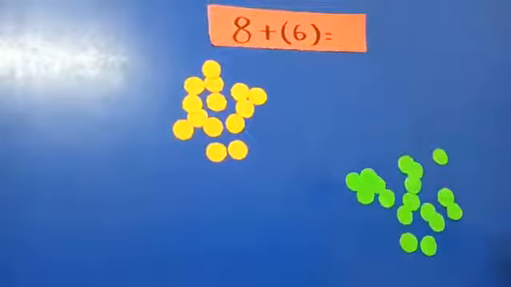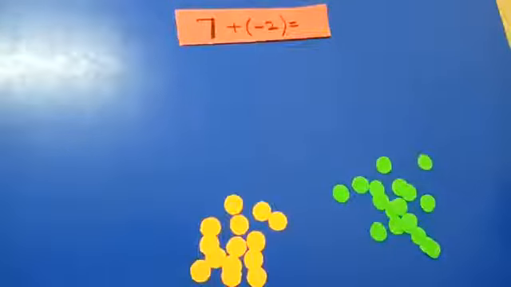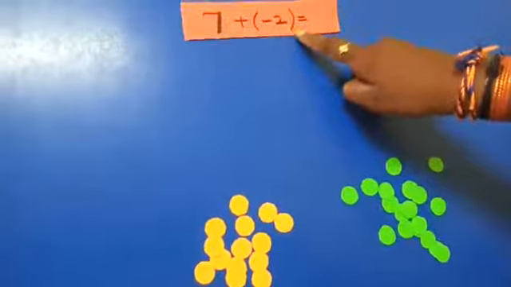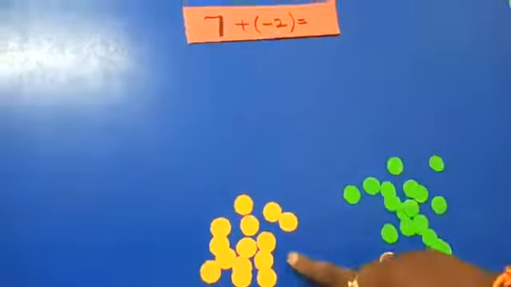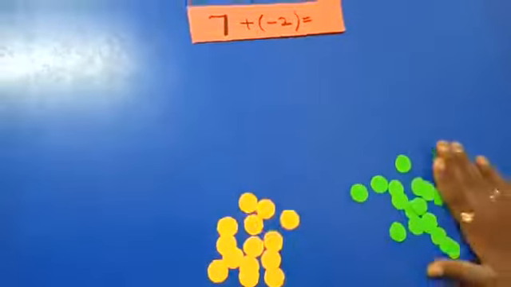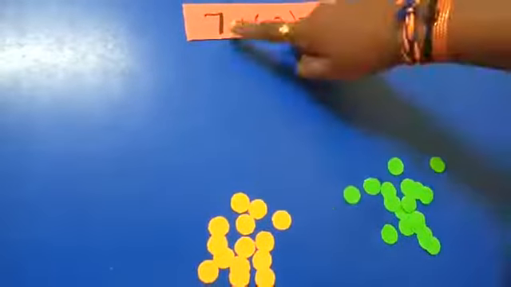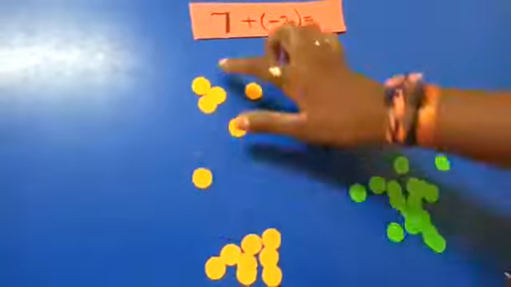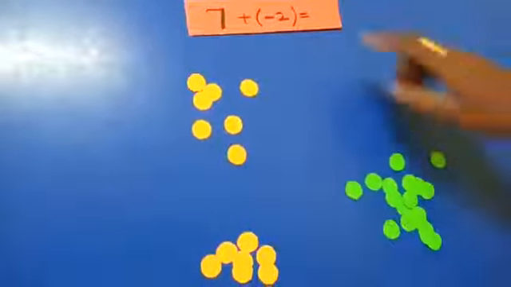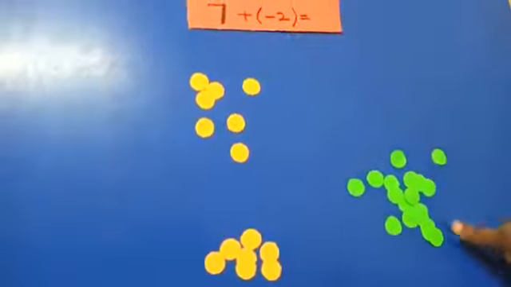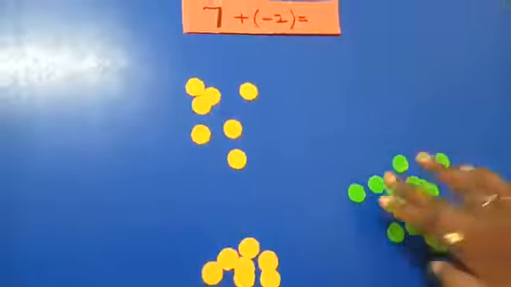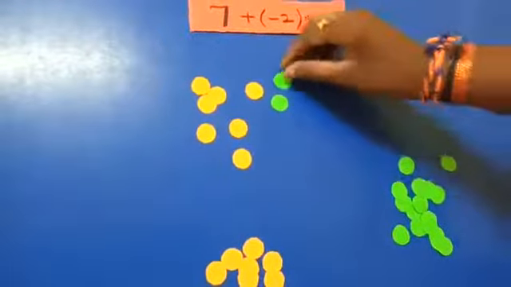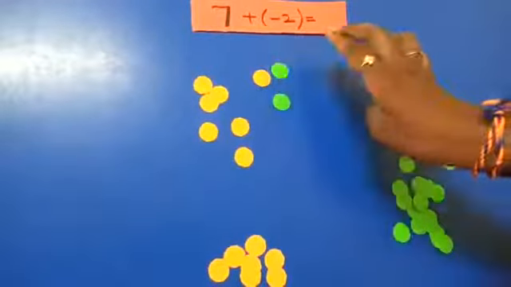Now let us move to the next problem, which is 7 plus minus 2. We know the positive beads are yellow and the negative beads are green, right children? This is a positive number, so we arrange 7 beads. And this is negative, the green beads, so I am going to add 2 negative beads. Now I am going to pair up the beads.